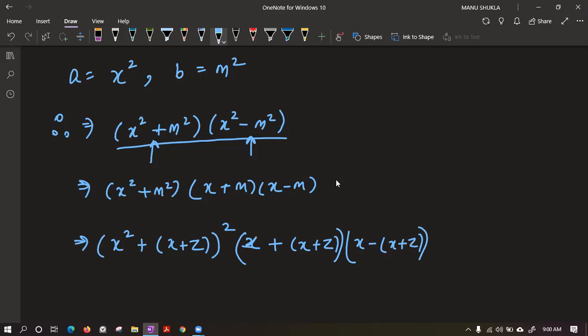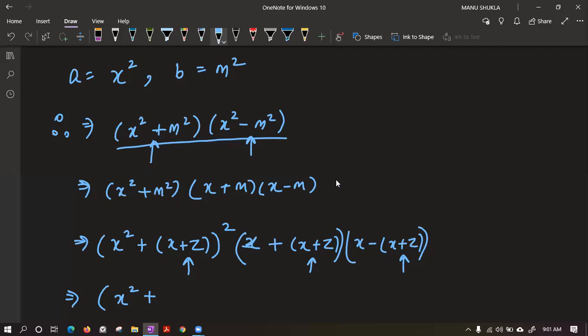If you have observed, I have properly resubstituted all the values in brackets. Without brackets, if you substitute, it will be a mistake from your side. Okay. So now if you want, you can open the bracket, or not, it is okay.